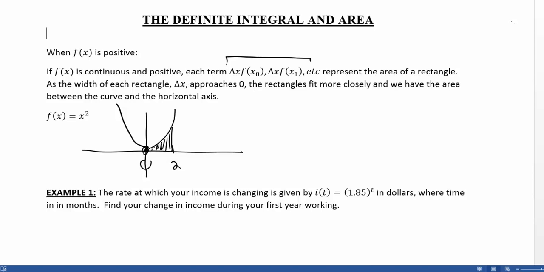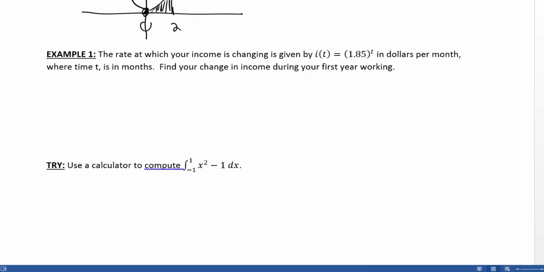Let's look at an example where, again, we're going to have a positive rate and a positive outcome. Example 1. The rate at which your income is changing is given by I of t equals 1.85 to the t in dollars per month, where time t is in months. Find your change in income during your first year working.